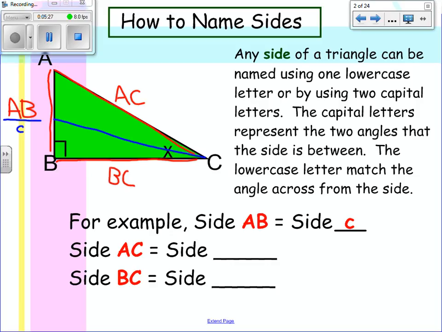So we'll do a couple of these. That means angle A would connect down here, and that would be side little a. Which means this long one here would be side little b.